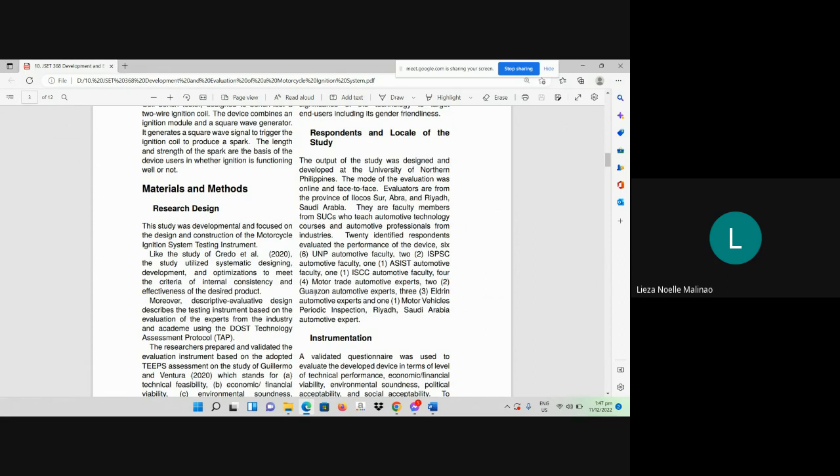Okay, this looks like a province in China, and I don't know where this location is. This other location, I don't know where in the world this is located. And then another expert from Saudi Arabia. Okay, so they had a diverse group of experts evaluating their innovation.